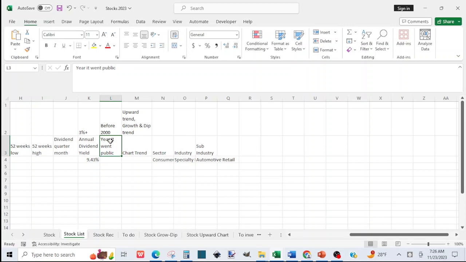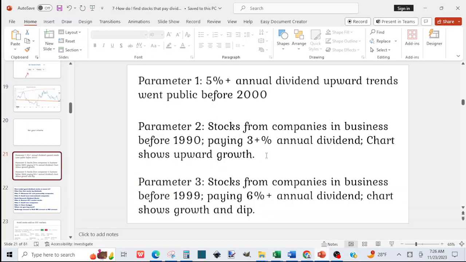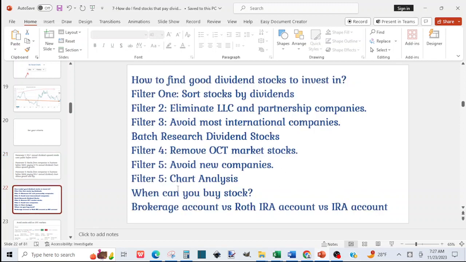Anything after 2000 to me is too young, has not been around publicly for long enough for me to trust the chart trend. So you have to set yours to be able to eliminate what you consider new companies out of your list. So let's get started.